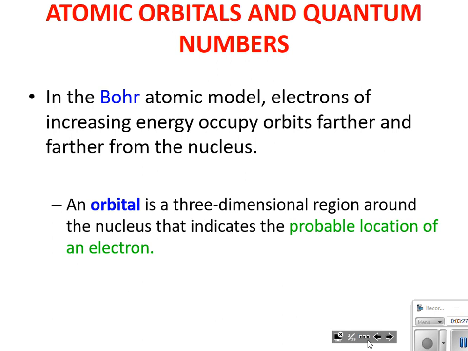We better get a definition of an orbital in our notes. An orbital is a 3-dimensional region located around the nucleus that indicates the probable location of an electron. So an orbital just states where there might be an electron, okay? The probable locations that the electrons could be at.